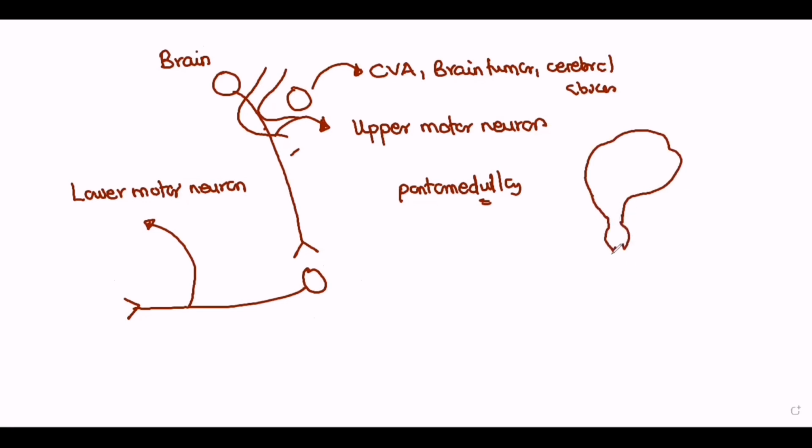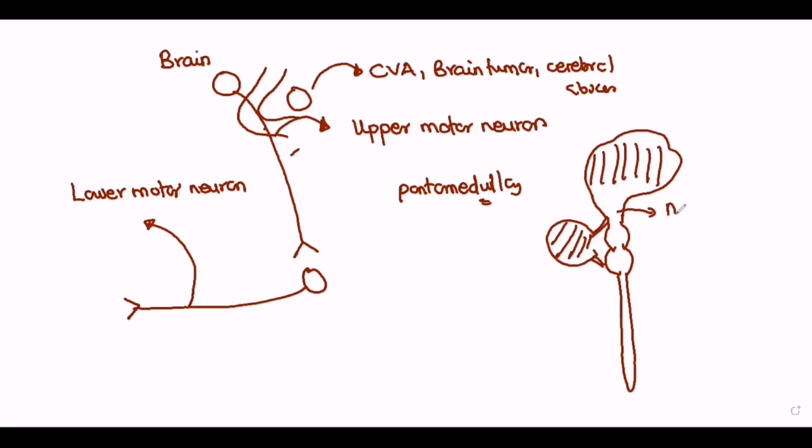So we have the midbrain here, the pons, the medulla, and then the spinal cord continues. And remember that we have the cerebellum here, okay? And this is the cerebrum. So that is the brainstem. Sorry, that's the midbrain. That is the pons. That is the medulla.